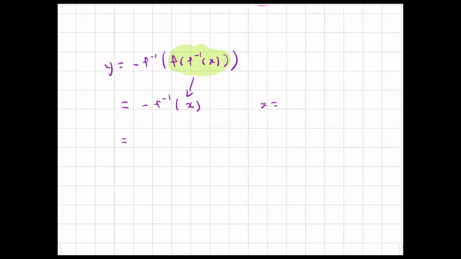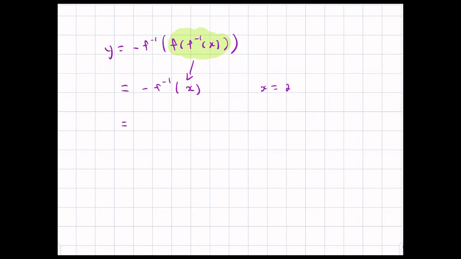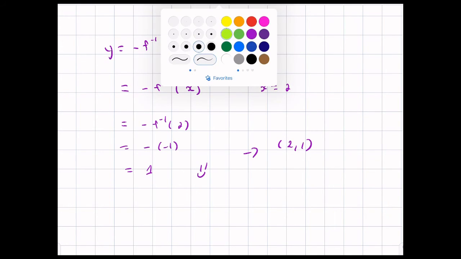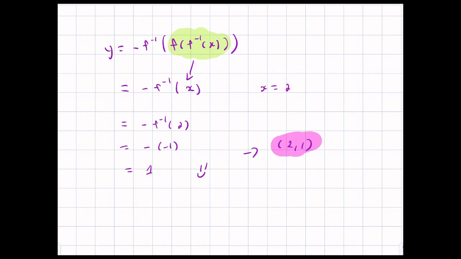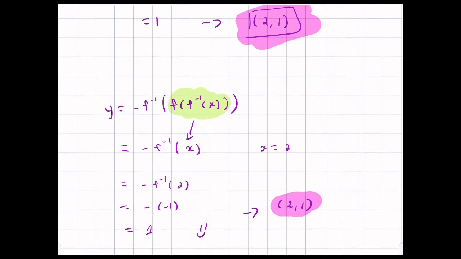That is a point that we know is in the domain of f inverse, so we'll take x is equal to 2, and this will be negative f inverse of 2, which is negative, we know that f inverse of 2 is negative 1, so negative negative 1, which is just 1. And that is another way that we can get the point (2, 1) as the point that we're looking for on this graph. We know for sure that will be on the graph.